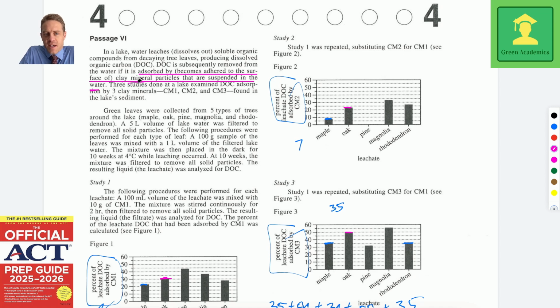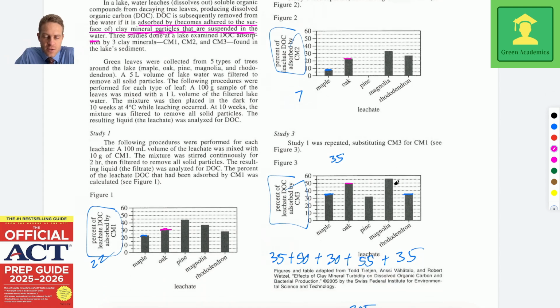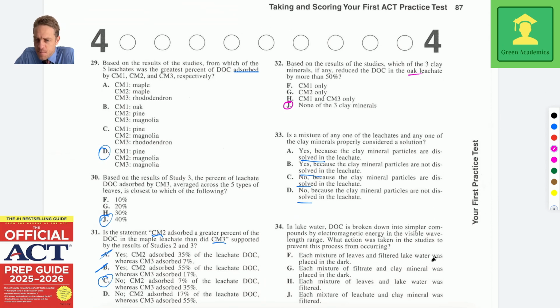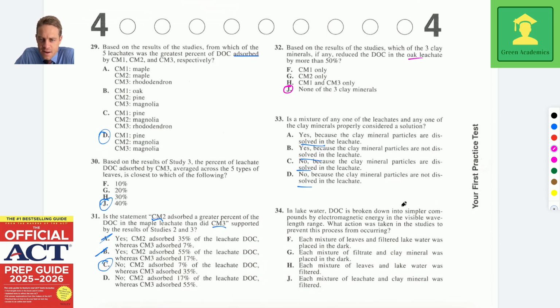So if the clay mineral particles are suspended in the water, it means they're still floating in the water rather than having been thoroughly mixed in. So they're not dissolved. So it's definitely a not dissolved, which means it's not a solution. So is it a solution? No, it's a mixture, right? So no, because they're not dissolved.